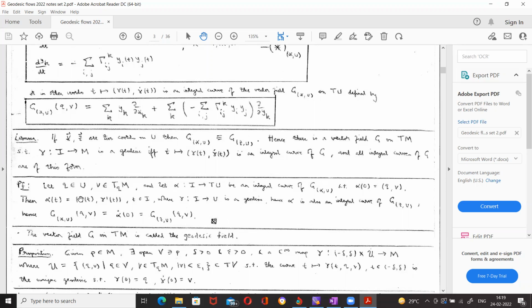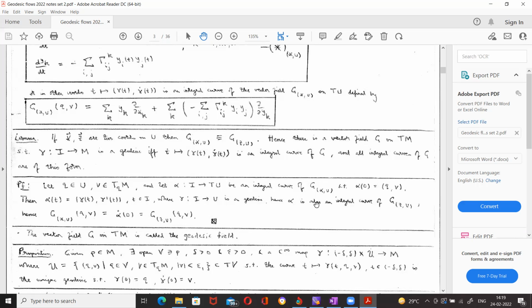So alpha is of the form (gamma, gamma prime), where gamma is a geodesic, and therefore alpha is also an integral curve of the vector field G_zU, right? Because we saw that any geodesic is an integral curve of G_zU, where z is any coordinate. And so alpha is an integral curve of both G_xU and G_zU.